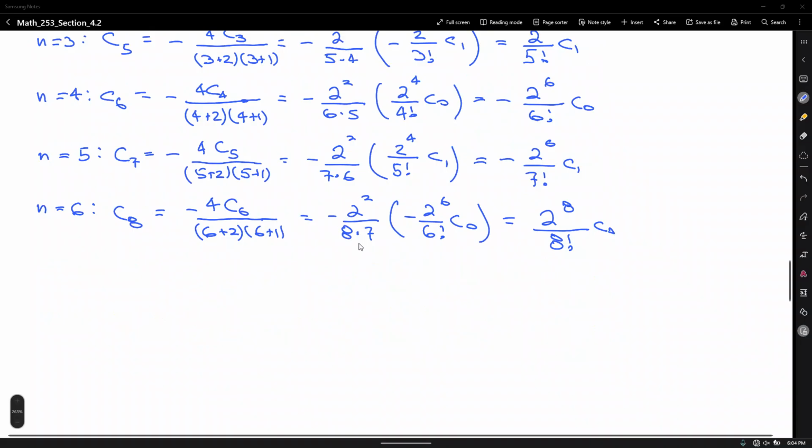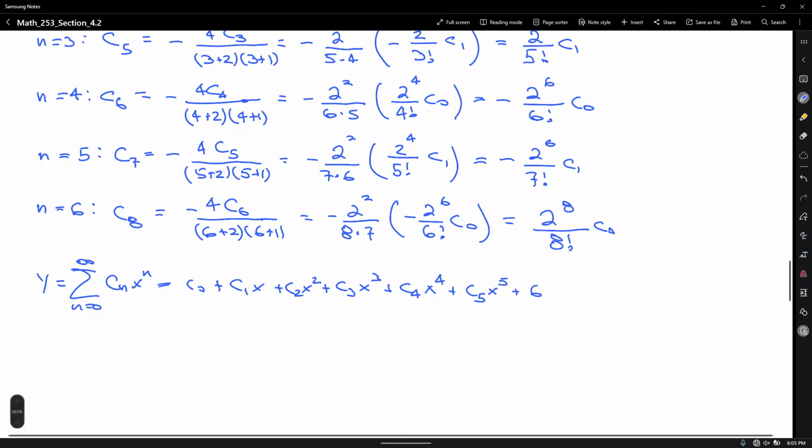Again, just keep in mind that we had a series of the form y equals sigma n equals 0 to infinity c sub n x to the n, which is C sub 0 plus c1x plus c2x squared plus c3x cubed plus c4 x to the fourth plus c5 x to the fifth plus c6 x to the sixth plus c7 x to the 7 plus c8 x to the eighth plus and so on and so forth, infinitely many terms, of course.